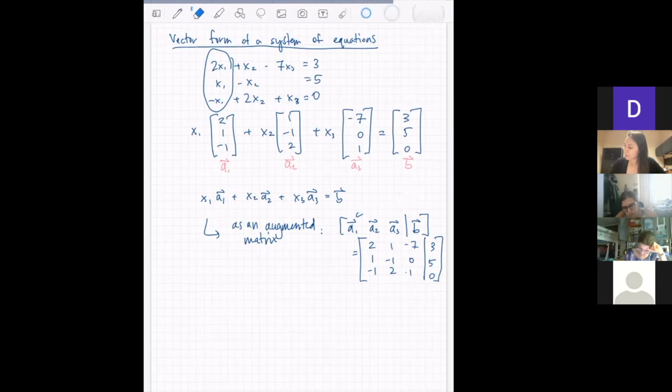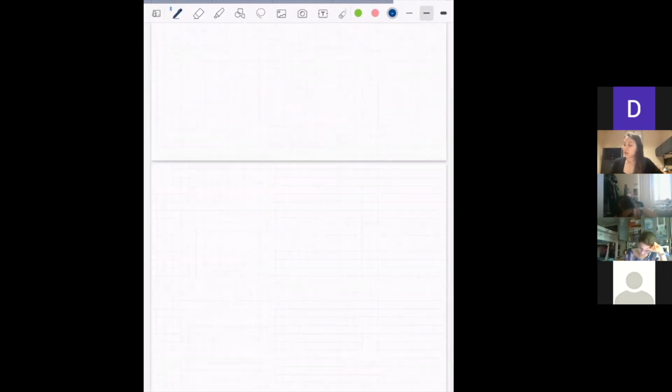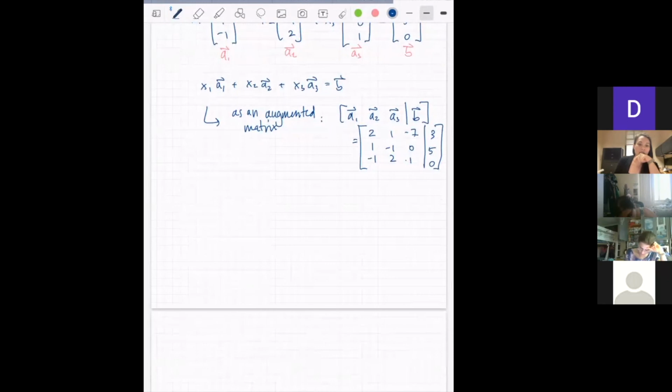Okay. So this is just, like I said, a different way of representing a linear system of equations, and sometimes having these different viewpoints is useful for solving problems. Okay, so you can check. We talked about the span last time, I believe.